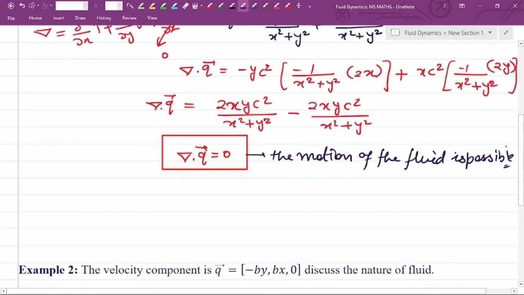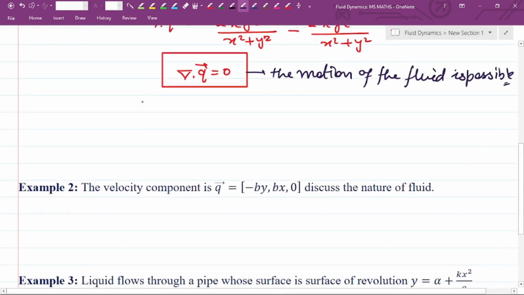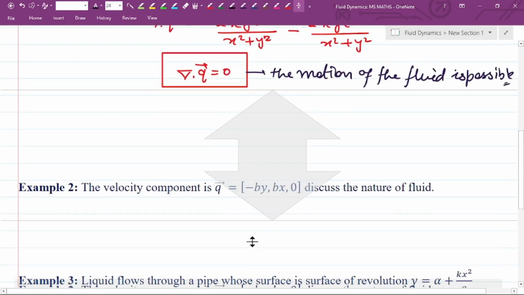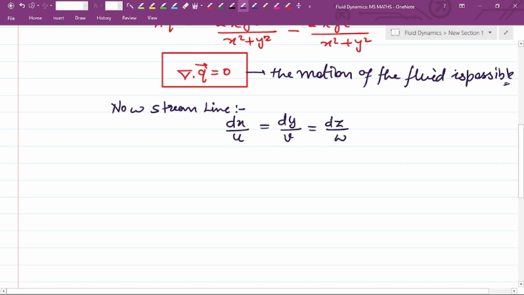Now, in the question we will find the solution of the streamline. So how can we find the streamline? In the previous lecture we have already discussed this thing. Now the streamline is basically dx over u equals dy over v equals dz over w.